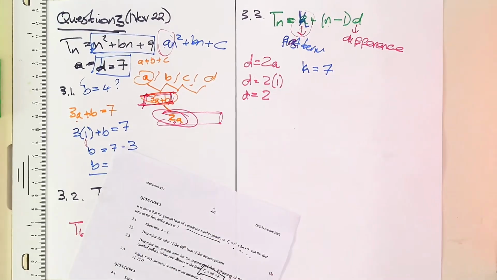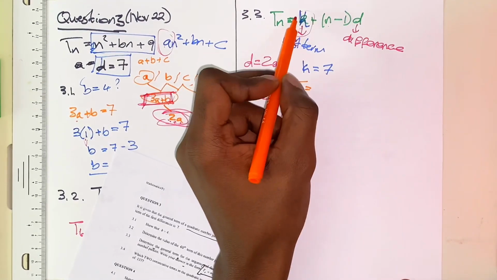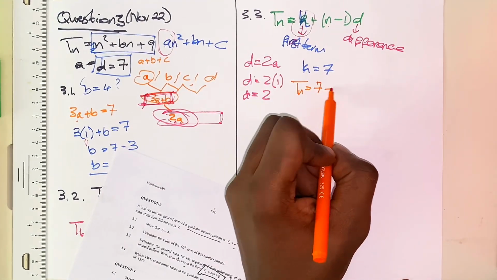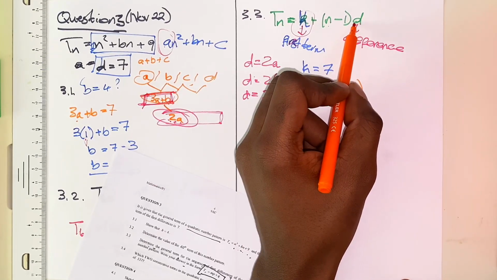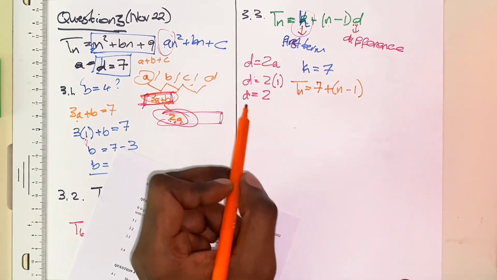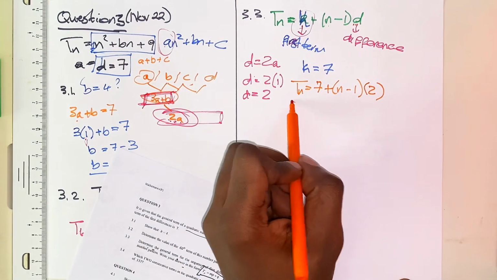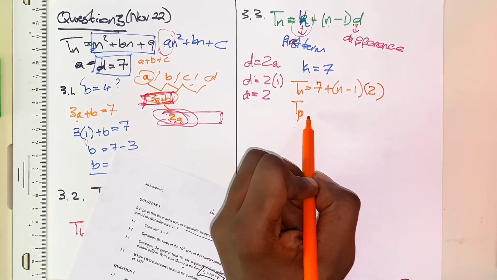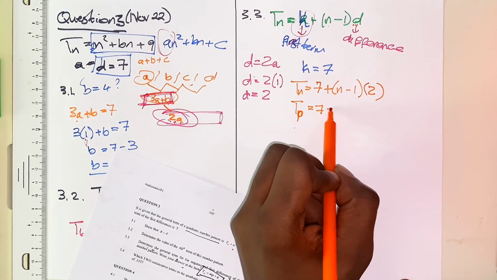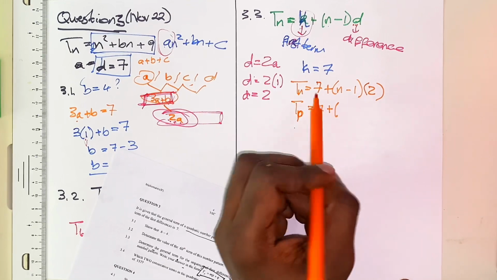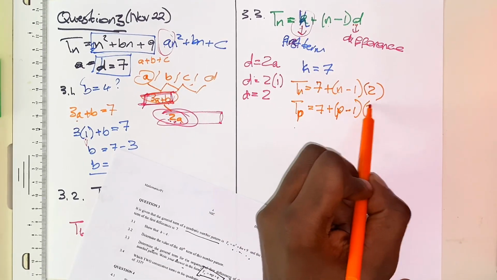Now that means that our Tn, our general formula, is given by k, which is the first term, that is 7, plus n minus 1, which is multiplied by d, and d is the common difference, and we found that it is equal to 2. Now let's call it TP. So we are looking for TP equals 7 plus, for n, now we substitute p minus 1, into 2.